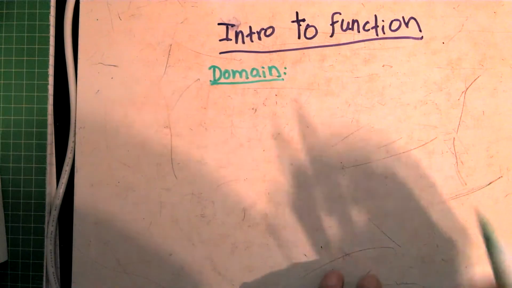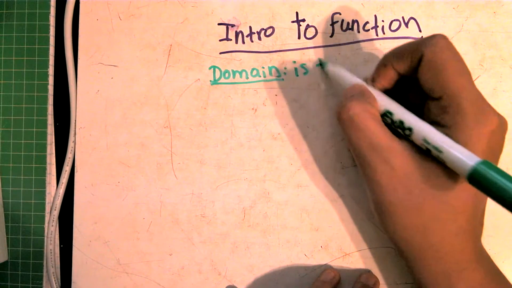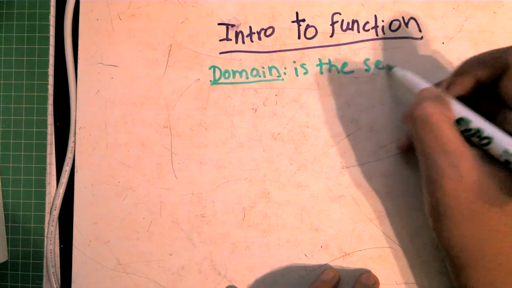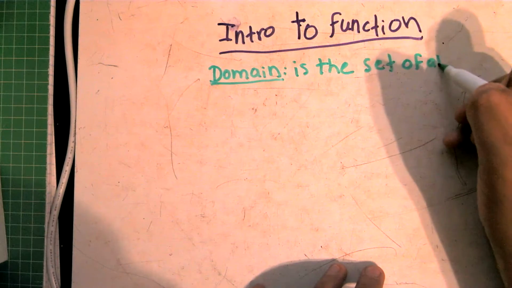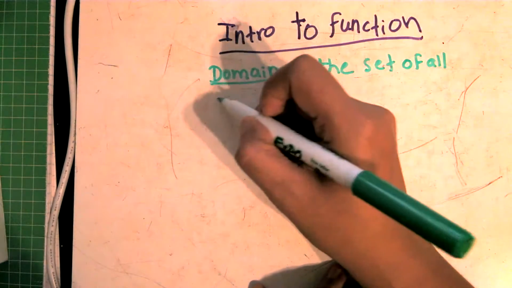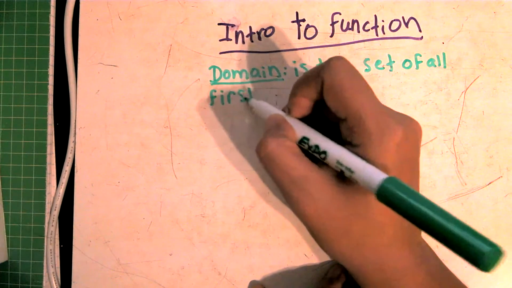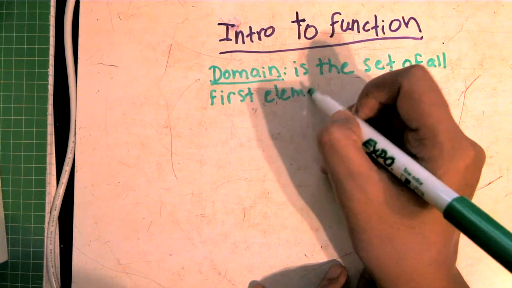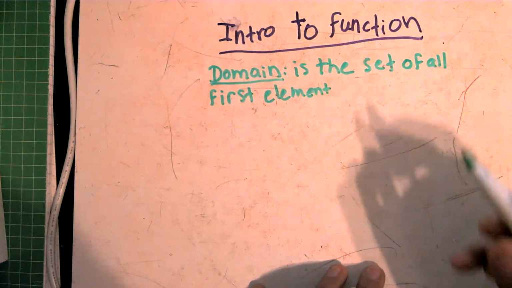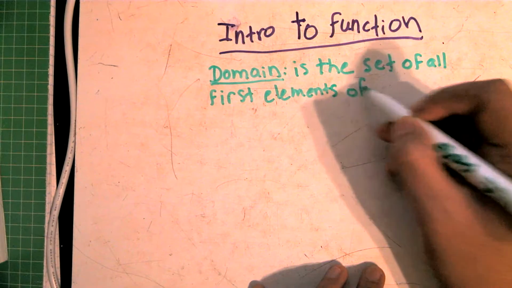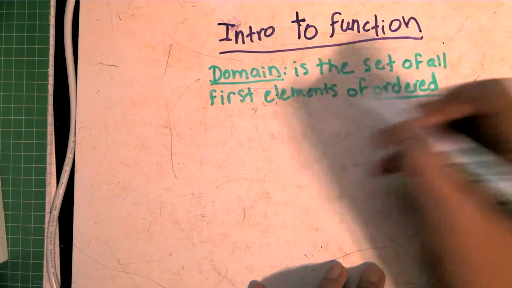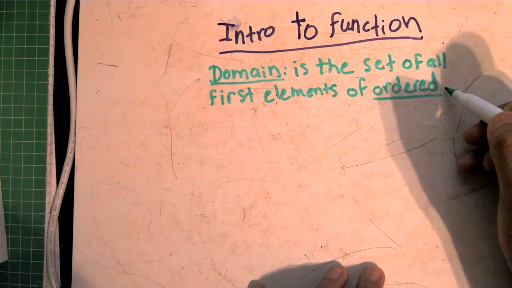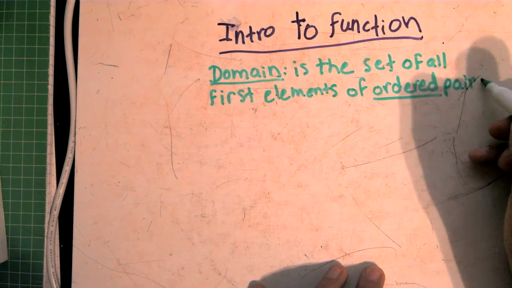And the domain is the set. Another word for set is like a list. Okay. The set of all first elements of ordered pairs. Ordered pairs being a keyword here.